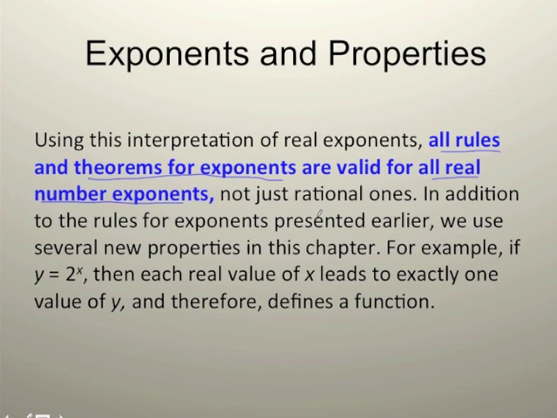And in addition to the rules for exponents we already have, we use several new properties in this chapter. For example, if y equals 2 to the x, then every real value of x leads to exactly one value of y, and thus this is a function.